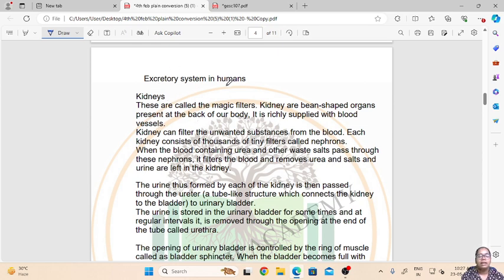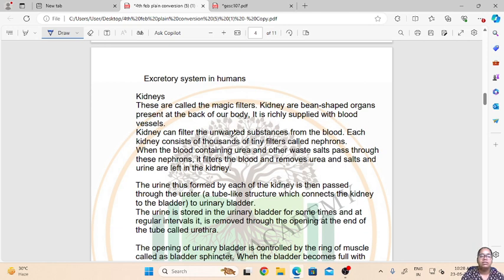Our excretory system, as we know, consists of a pair of kidneys. These kidneys are called the magic filters. Kidneys are bean shaped organs present at the back of our body. They are richly supplied with blood vessels. Kidneys can filter the unwanted substances from the blood.